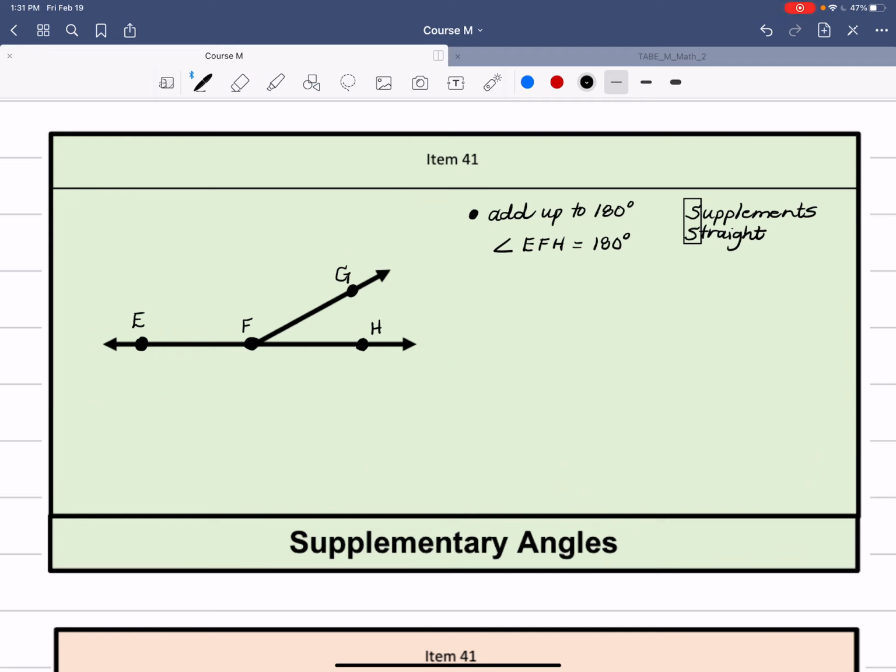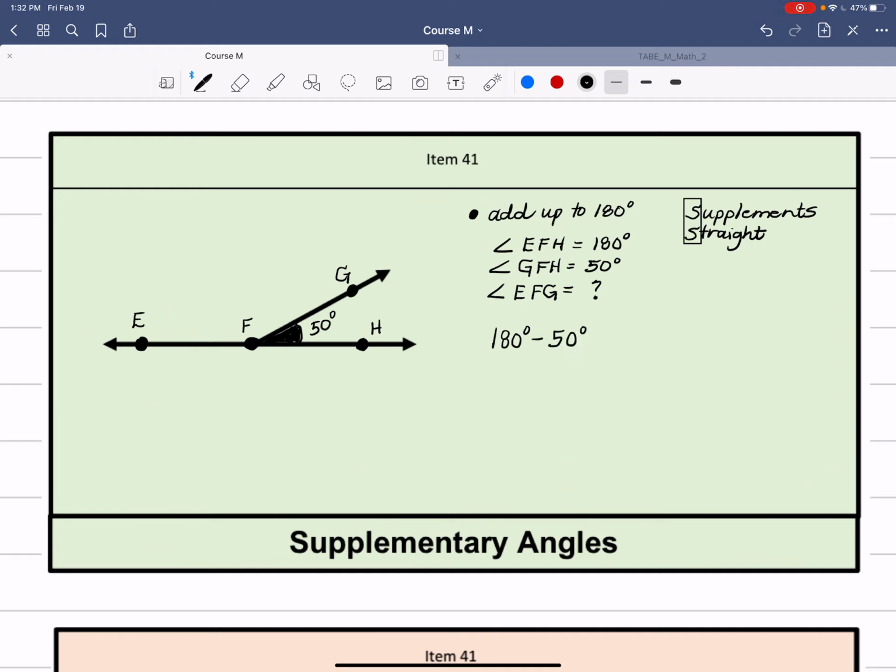So what if I tell you that angle GFH is 50 degrees? So from G to F to H, that's right in here. That's acute. That's 50 degrees. And I want to know EFG. What's the supplement of 50 degrees? So I will say 180 minus 50.